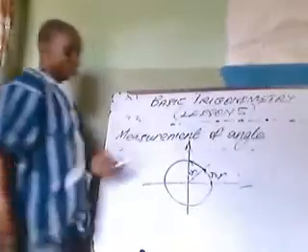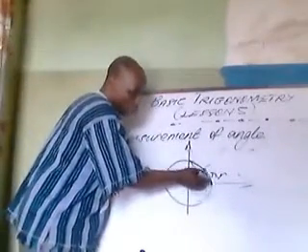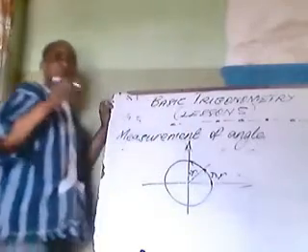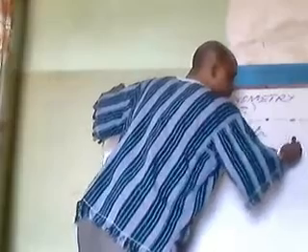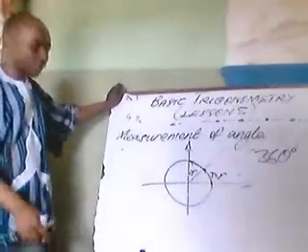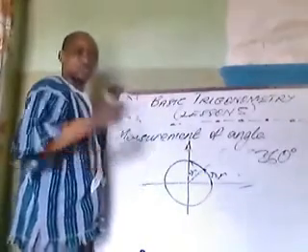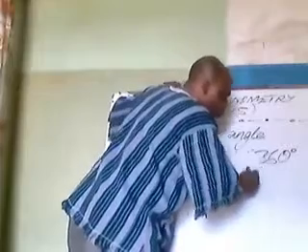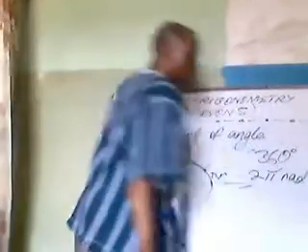Then moving on, don't forget I told you earlier that by the time you make one complete revolution, you might have measured an angle of 360 degrees. In the same way, by the time you have completed one revolution, you might have equally measured an angle of 2 pi radians.